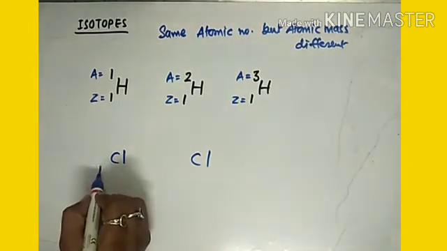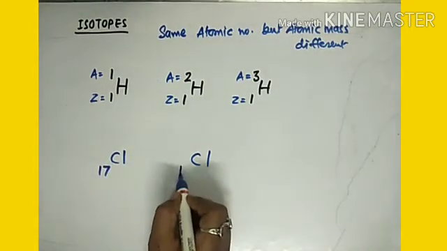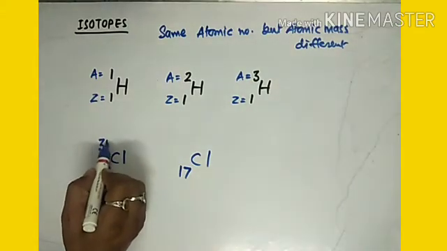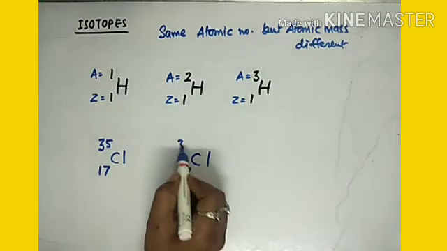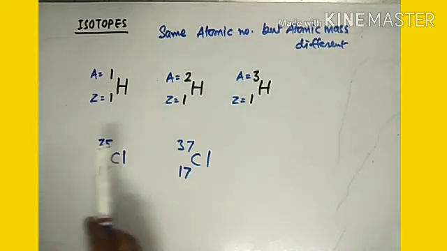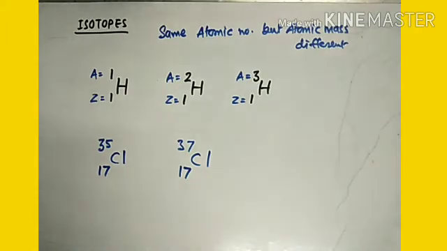The atomic number is 17, right? But the mass is 35 here and 37 here. So you can see that the Z value will be the same. The atomic number is the same, but the atomic masses are quite different. So these are the examples of isotopes.